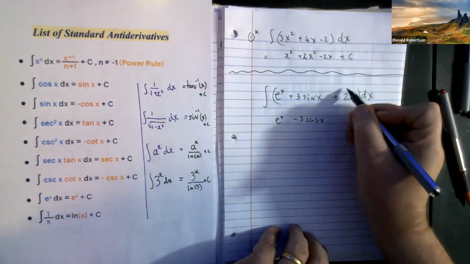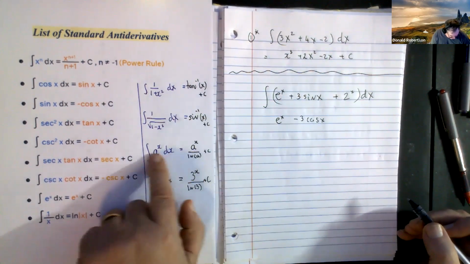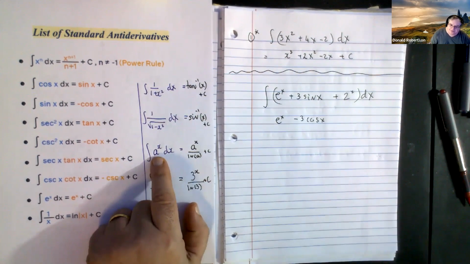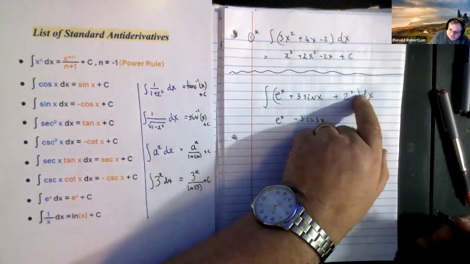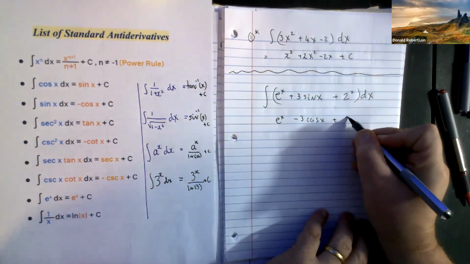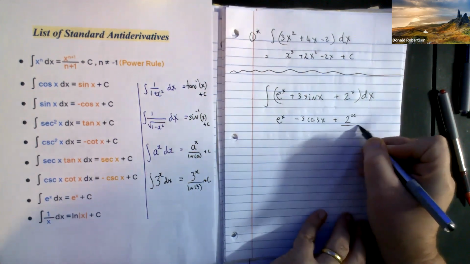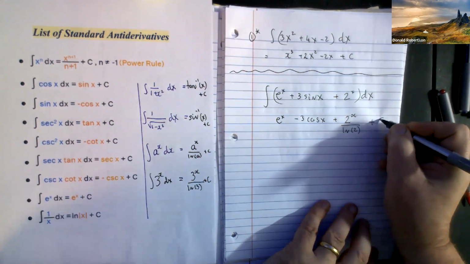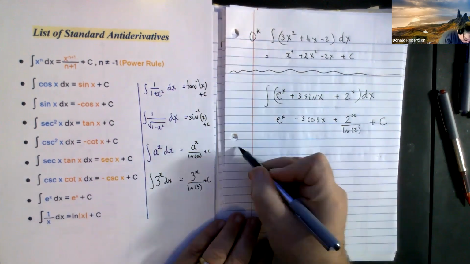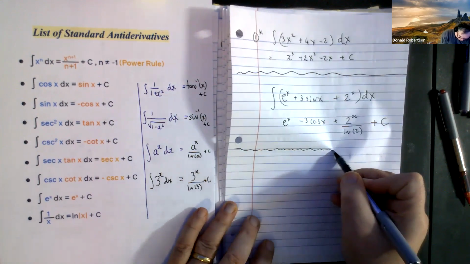Now, if you want to do 2 to the x, it belongs to this guy here, right? A just represents the base. This is an example where it's 3. But if you want to do the antiderivative of 2 to the x, you get 2 to the x divided by the natural log of 2. And then, because I do it myself, you must remember to do the plus c.